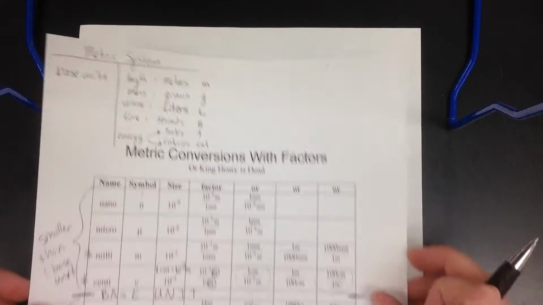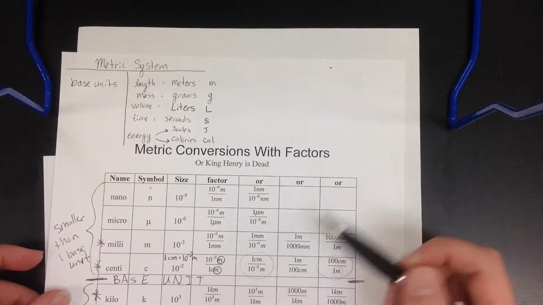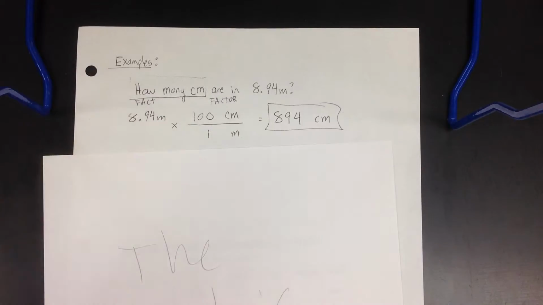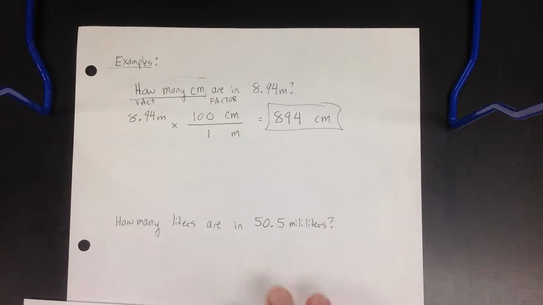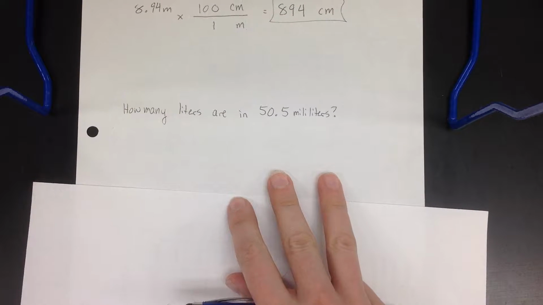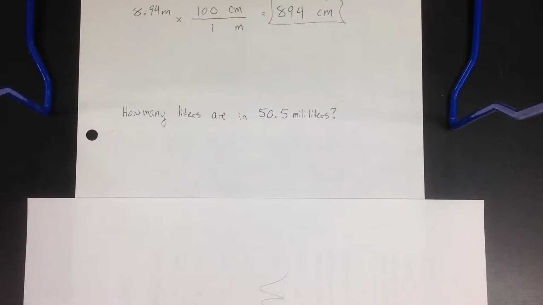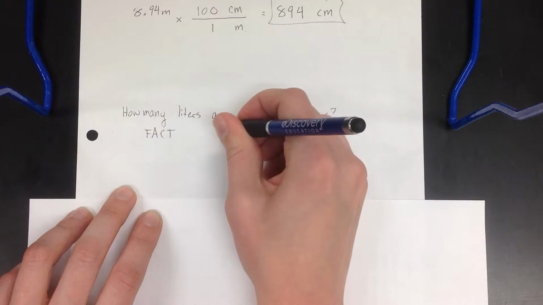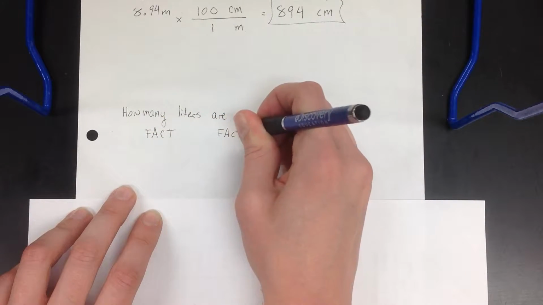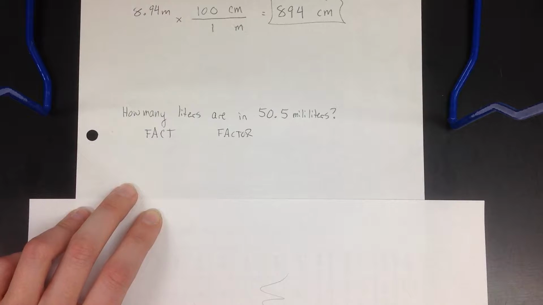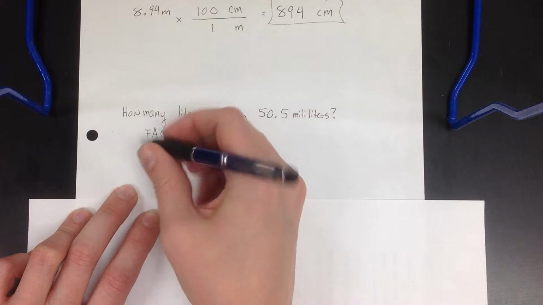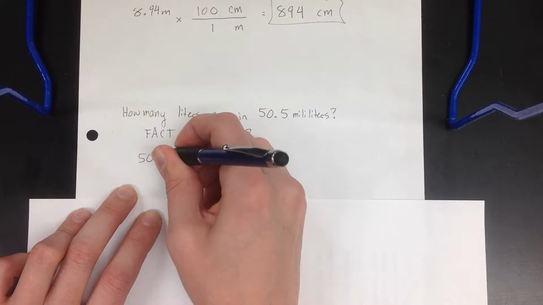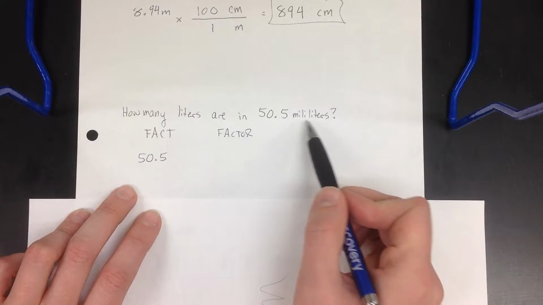Well, that's good and all, because this is written in meters, but what if I use a different base unit? So in my next example, how many liters are in 50.5 milliliters? Again, I start out by identifying my fact, and then my factor. My fact is going to be the information that I have in my problem, so 50.5 milliliters.